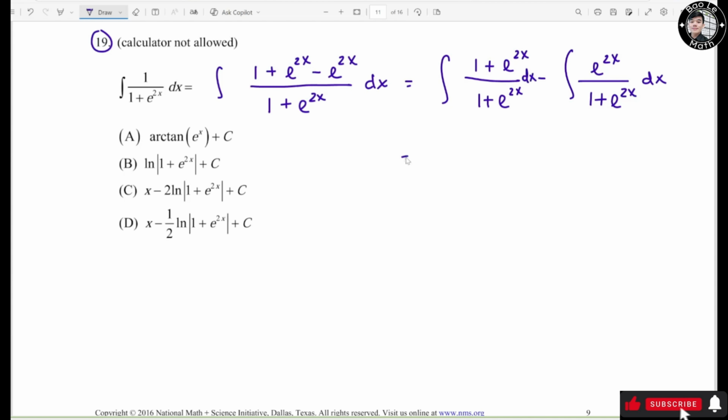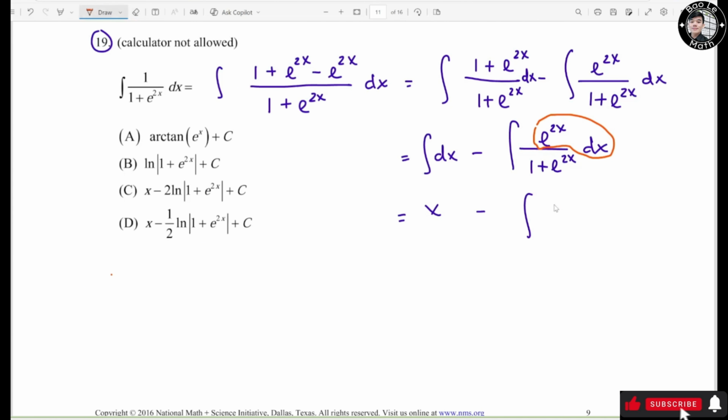Now the first one is going to be the antiderivative of ds, minus the antiderivative of e to the 2s over 1 plus e to the 2s ds. For the first one, it's going to be s. Now e to the 2s ds, I can rewrite as d of 1 plus e to the 2s, over 1 plus e to the 2s.